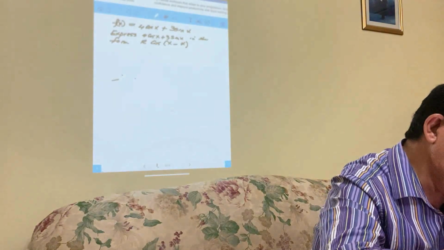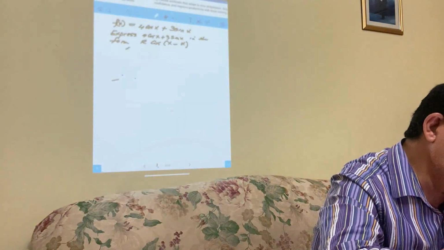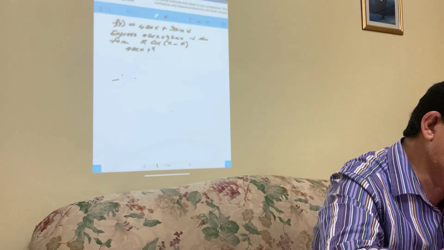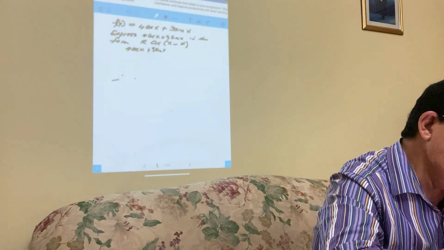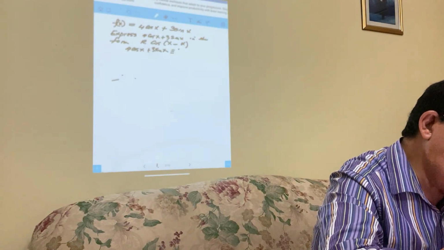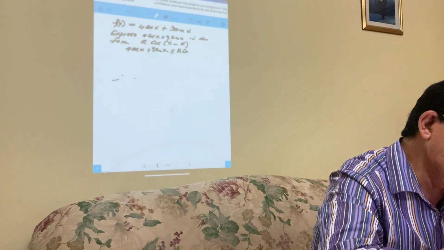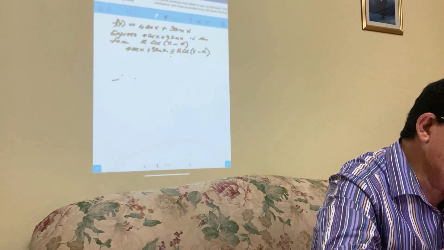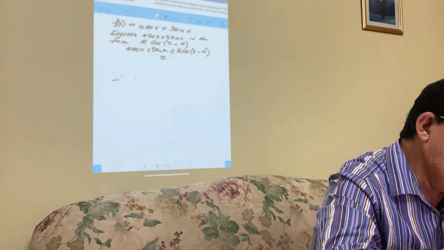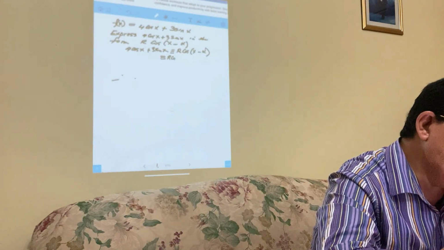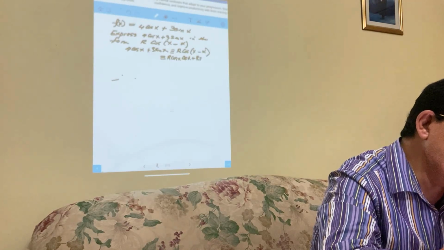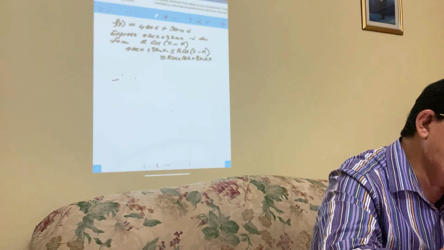Then we are going to say 4 cosine x plus 3 sine x is identical to r cosine x minus alpha, which is identical to r cosine x cosine alpha plus r sine x sine alpha.